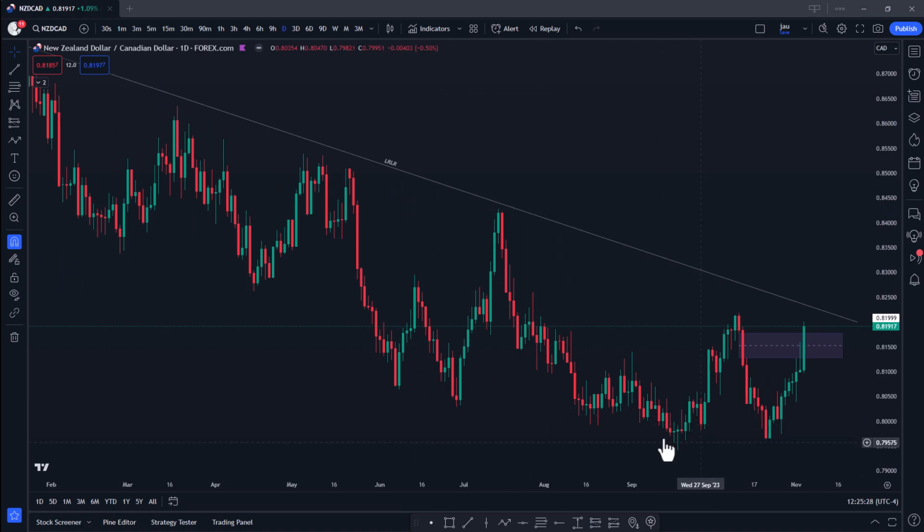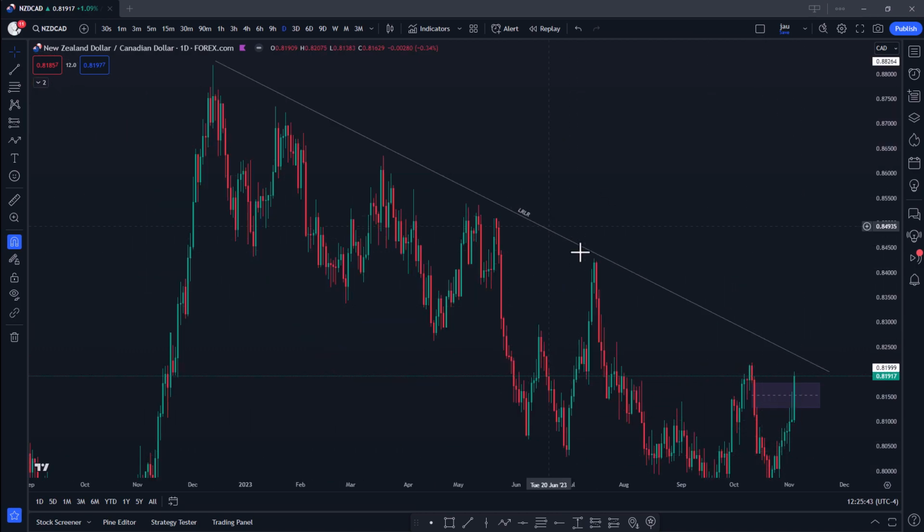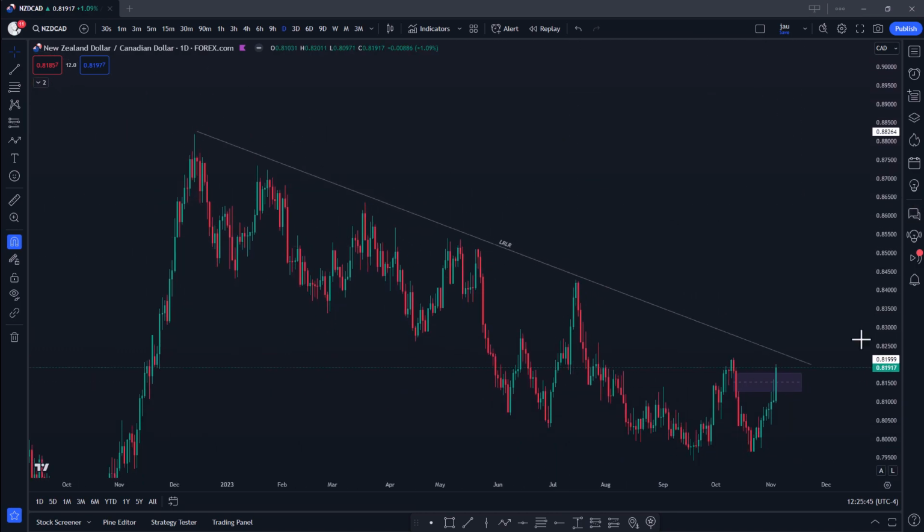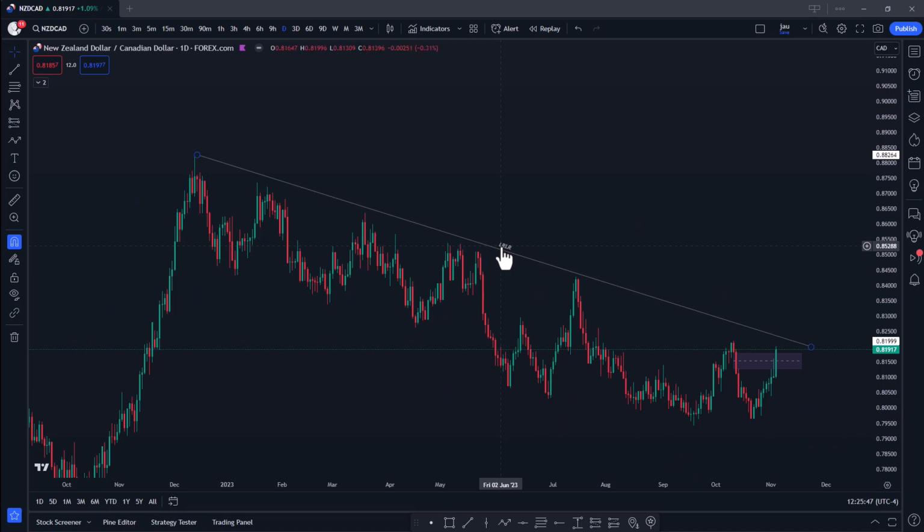We already started meandering at this level, struggling to push lower, and at this point we can see that this swing low is lower than this swing low. We are now showing signs of bullishness. So I target these trend lines. I consider them to be low resistance liquidity runs.